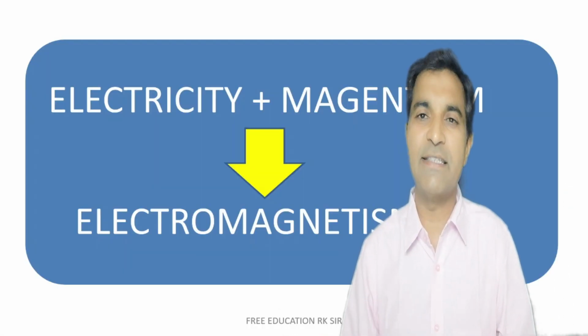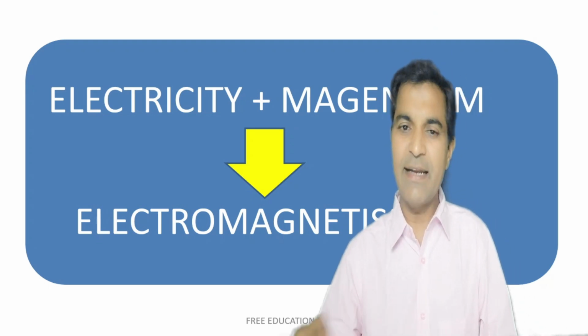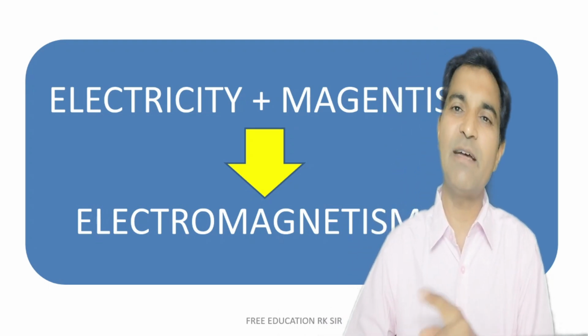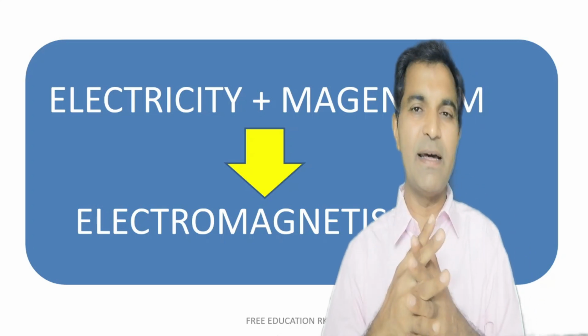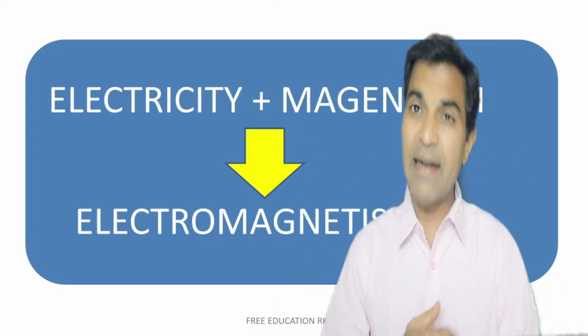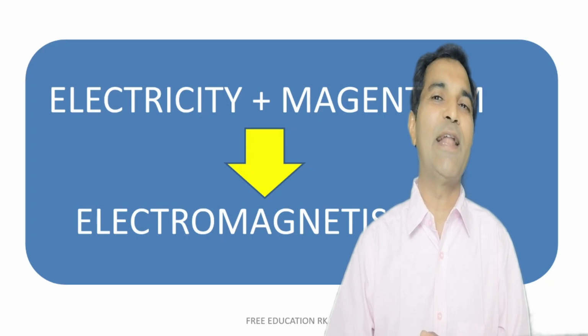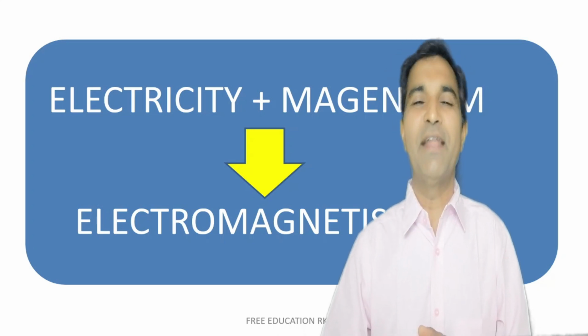And when electricity and magnetism combine, there is a common word we use, that is electromagnetism, right? So electricity and magnetism are interconnected with each other, and combined they are known as electromagnetism.